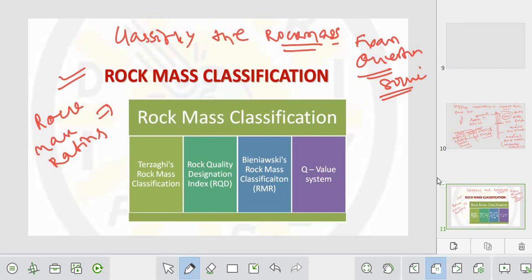It is quick in nature, okay. So rock mass classification, there are a lot of rock mass classifications.